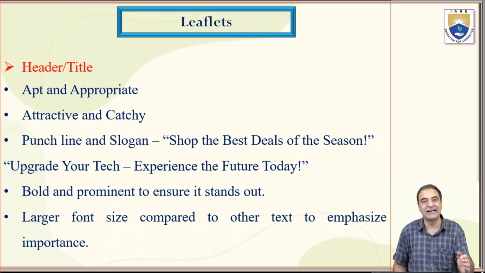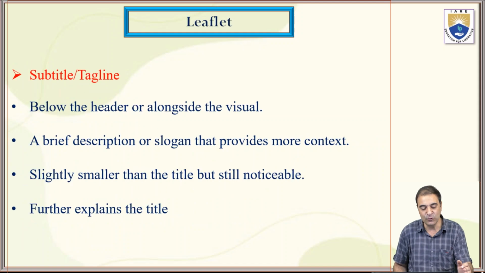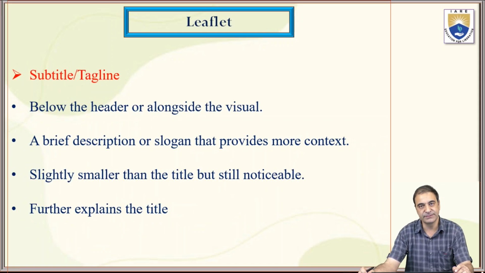And this header and the title is followed by a subtitle or tagline. Here, below the header or alongside the visual, that means the byline. The byline of our leaflet must be a subtitle or tagline.